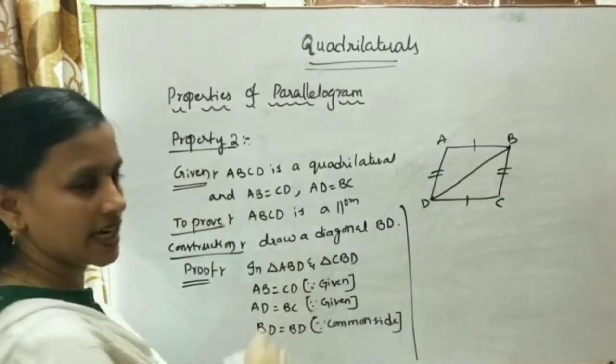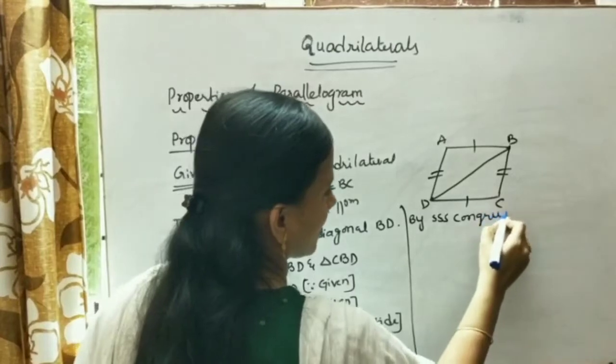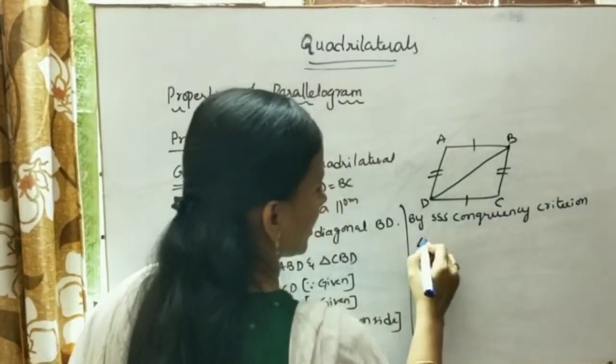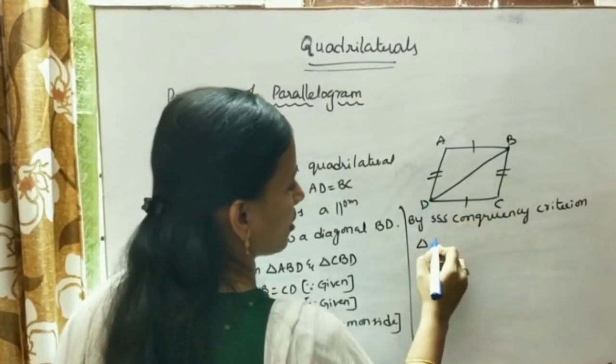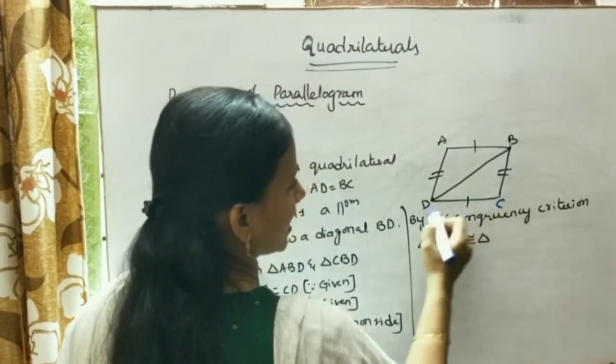By which congruency criterion? By SSS congruency criterion. Triangle ABD is congruent to triangle CDB.